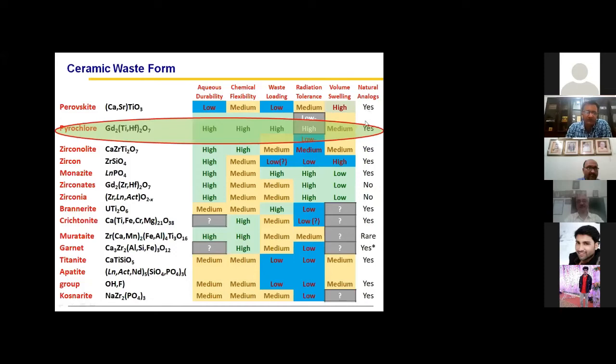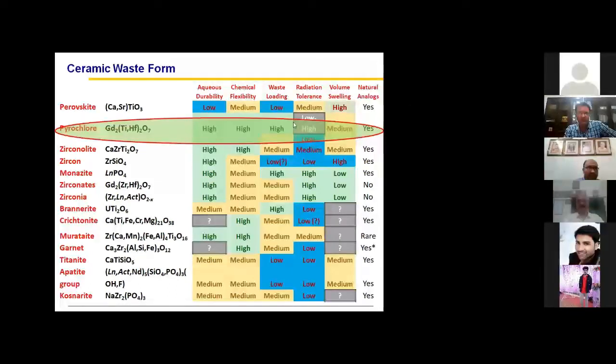And the most important thing is that they also have natural analogues, meaning in nature we have some rocks that for many years have been containing these radioactive elements. So if we can synthesize ceramics like these rocks, that can be used.